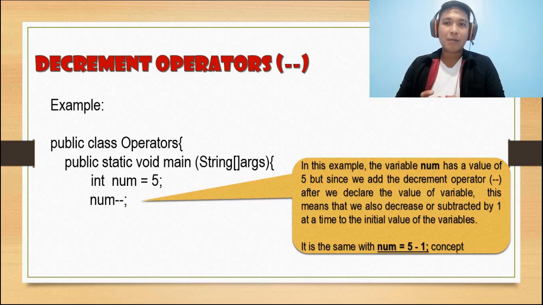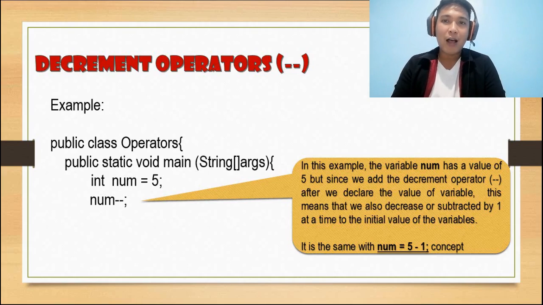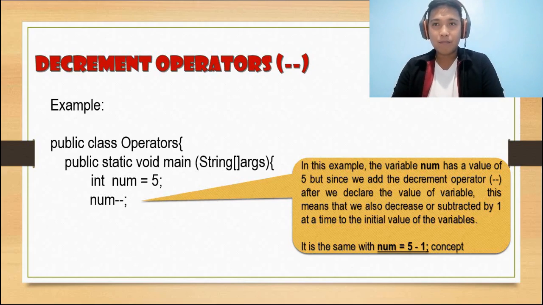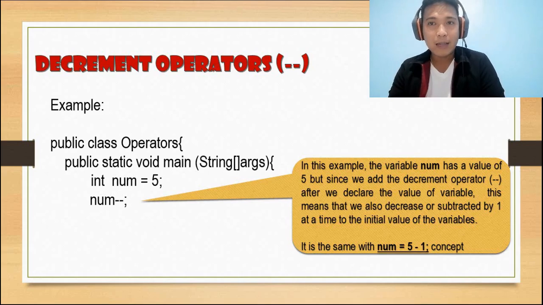So meaning, guys, we are subtracting 1 from the initial value of the variable. In this example, the variable num has the value of 5. But since we add the decrement operator, the minus minus, this means that we also subtract 1 from the initial value of the variable. This is like num is equal to 5 minus 1.